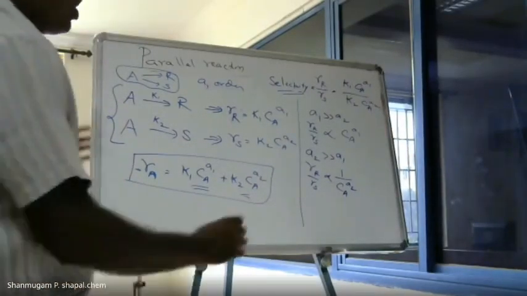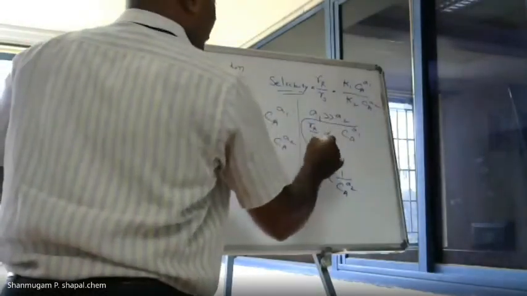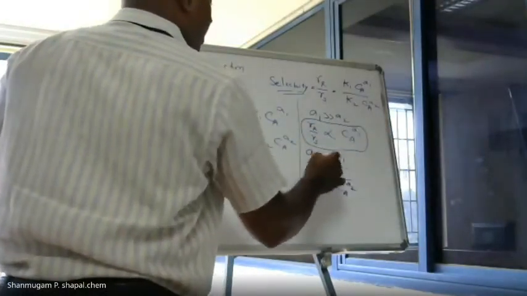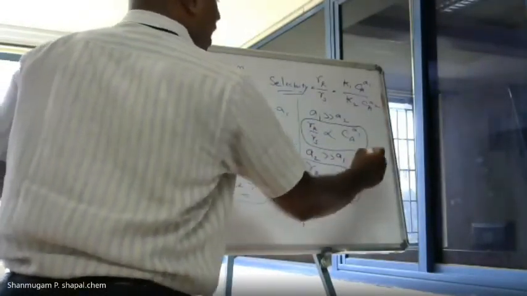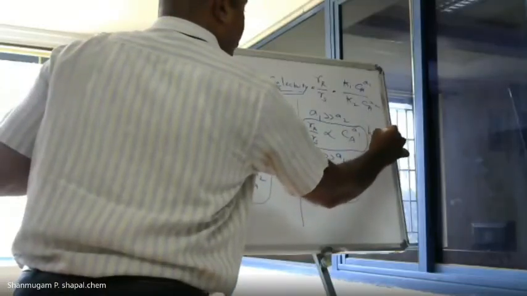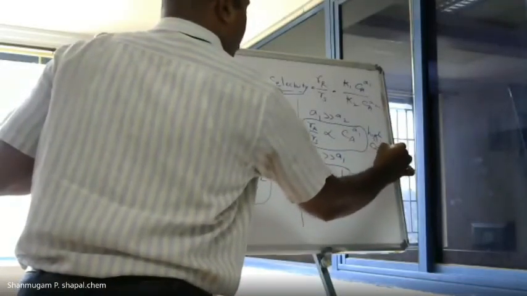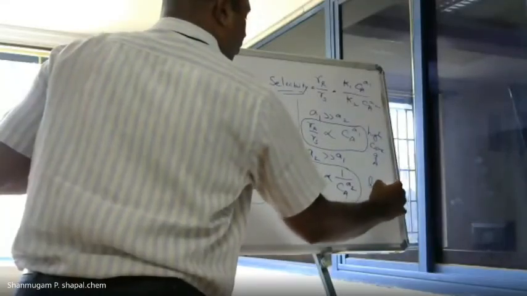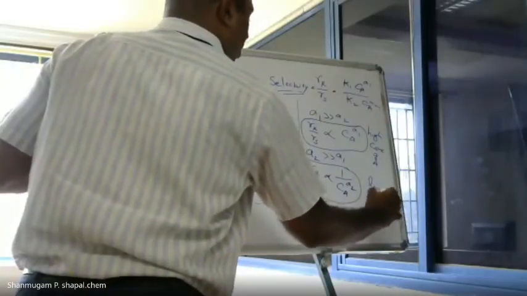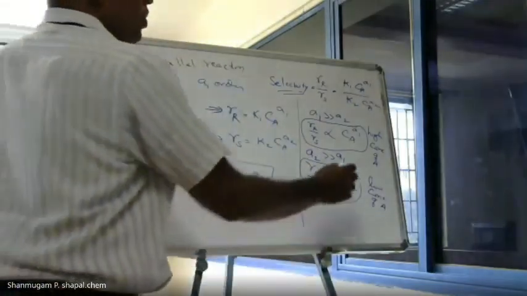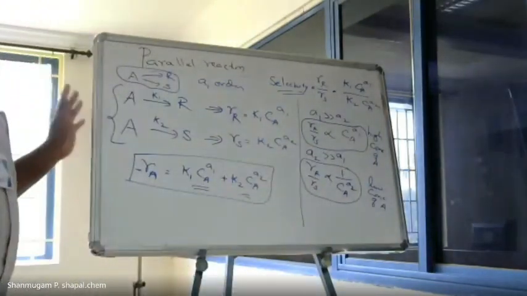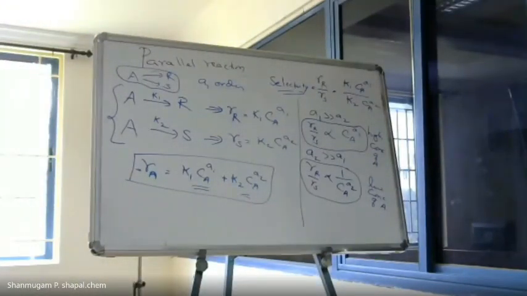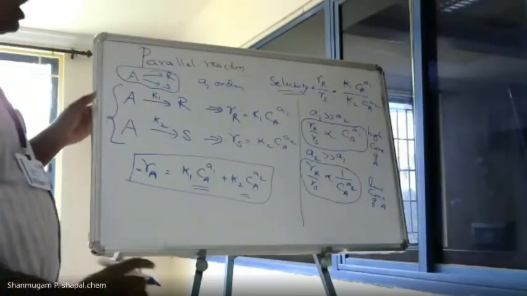So this is what you see here. What is the meaning behind this? You need a high concentration of A here, or you need a low concentration of A here. That means to choose the high concentration reaction mechanism, the reactor should be at high concentration.